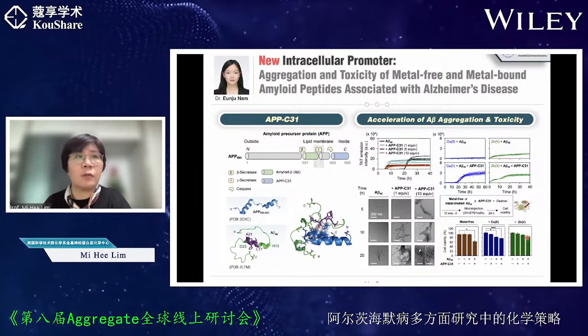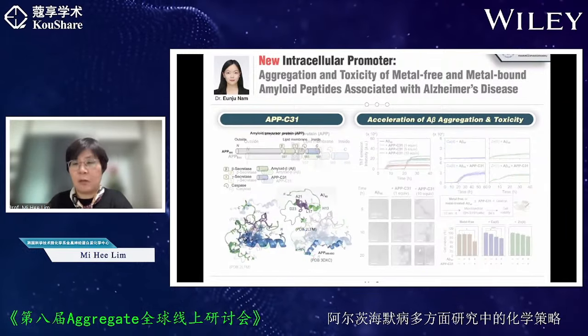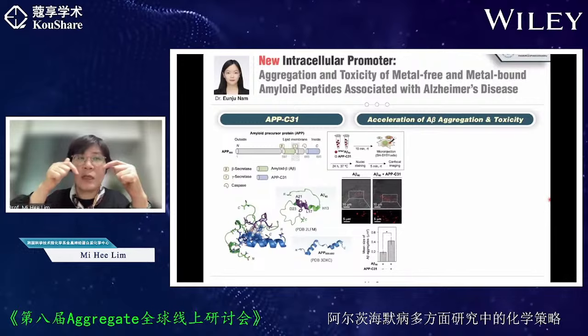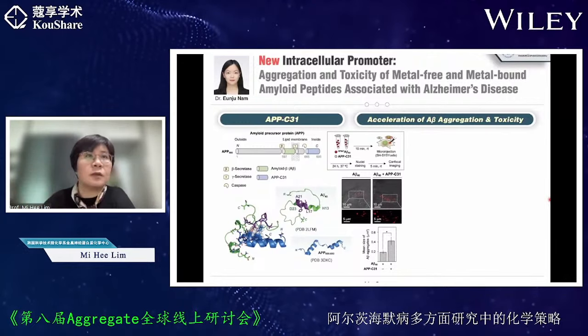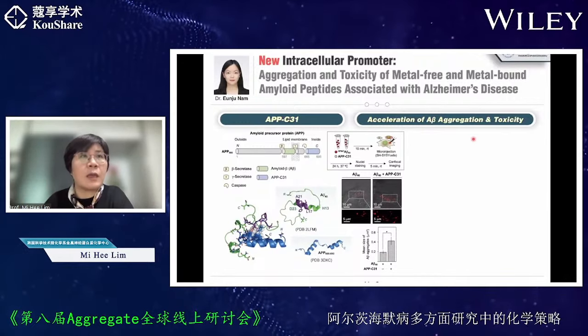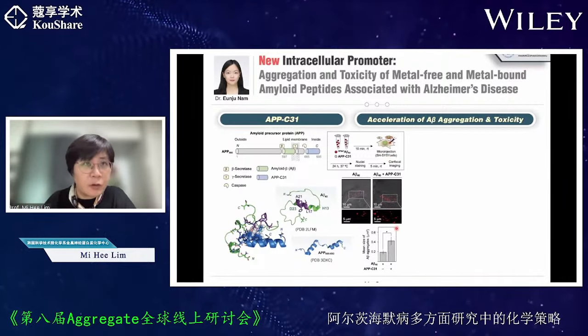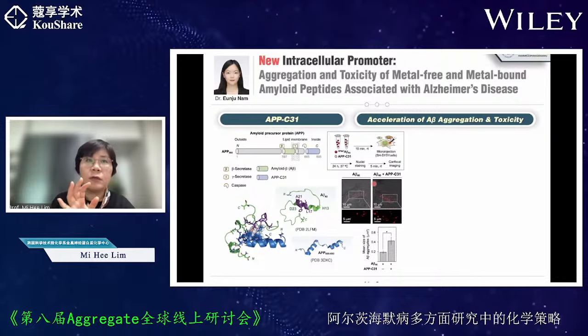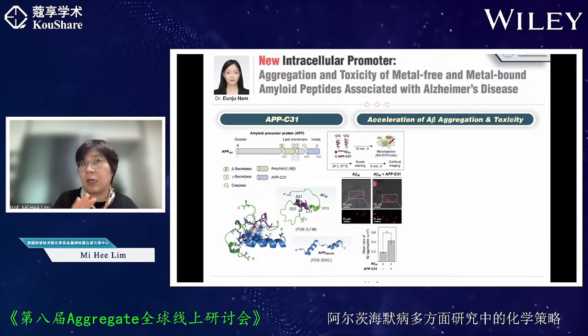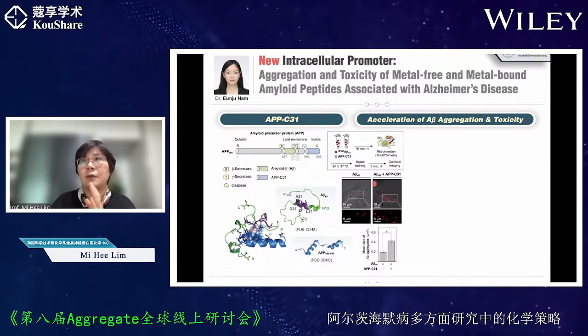Because this happens inside the cell, we directly injected our two peptides, A-beta and C31, into the cell through microinjection. We observed an increased amount of A-beta aggregate in the presence of APP-C31.